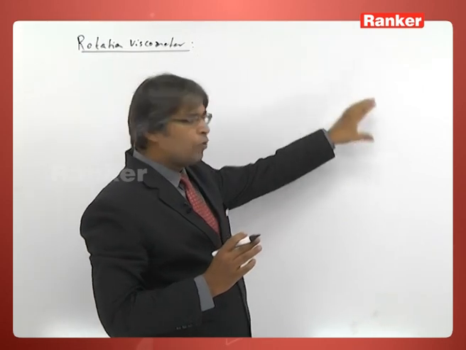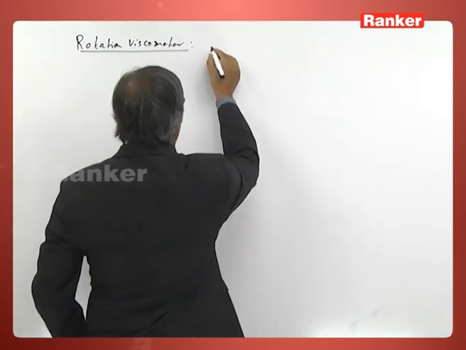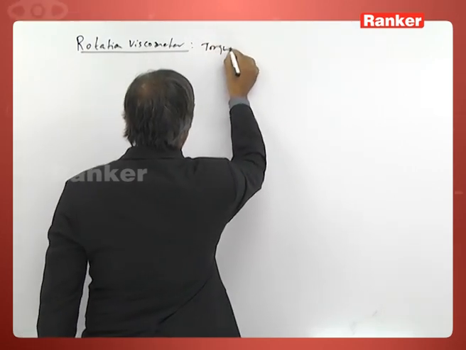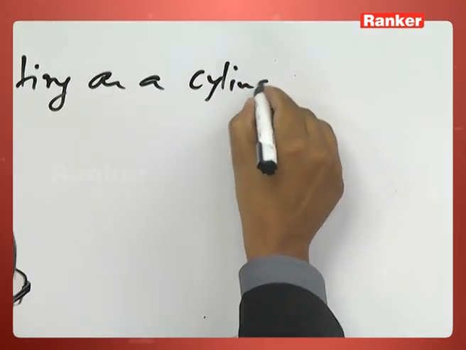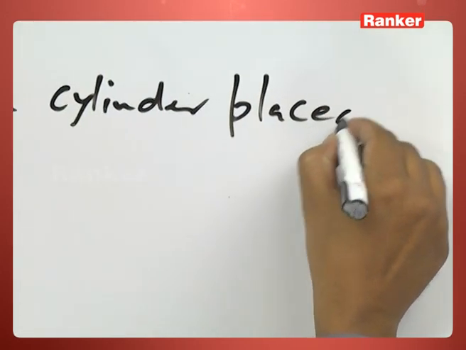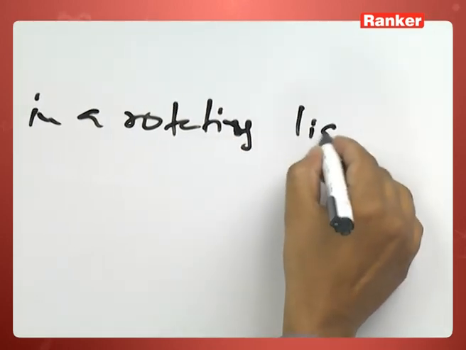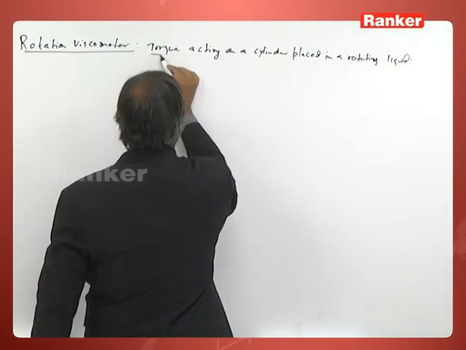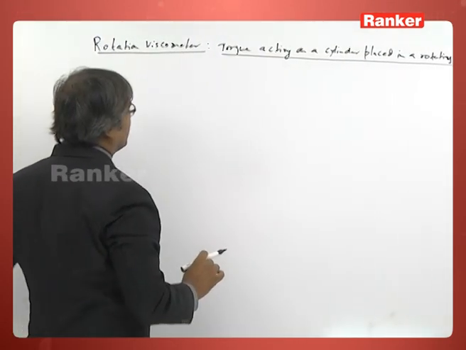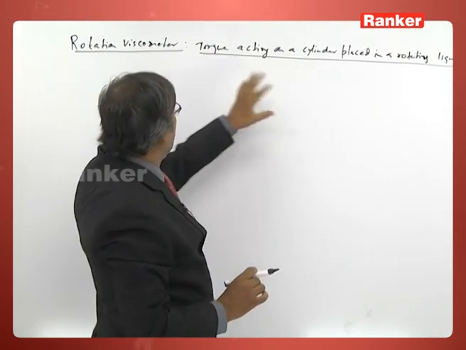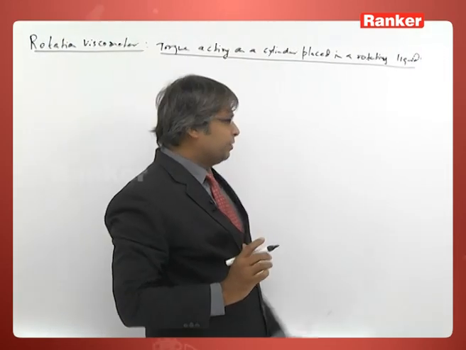Let us see how mathematically we will calculate the torque acting on a cylinder placed in a rotating liquid. We will measure this torque, and that gives the coefficient of viscosity of the fluid.